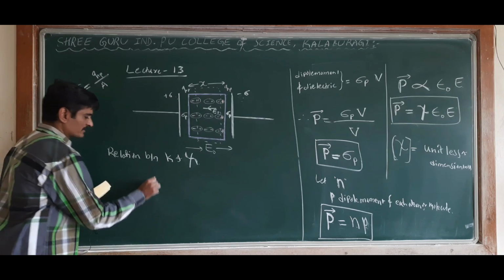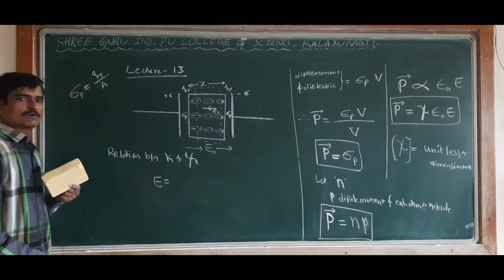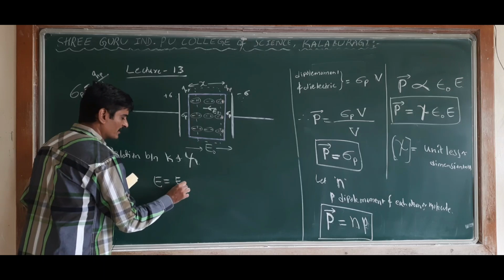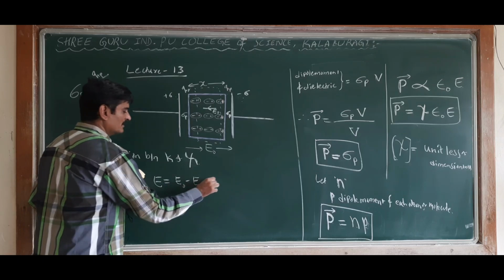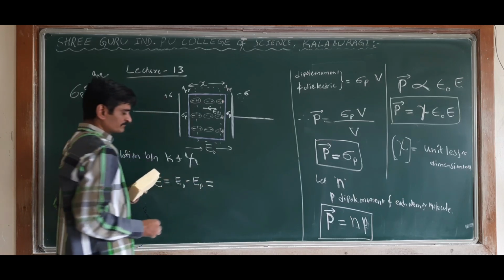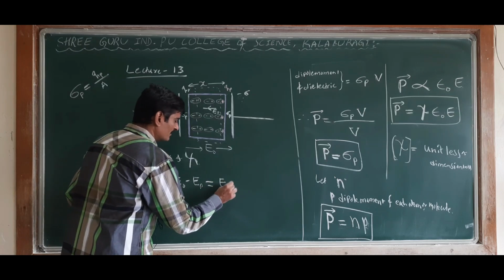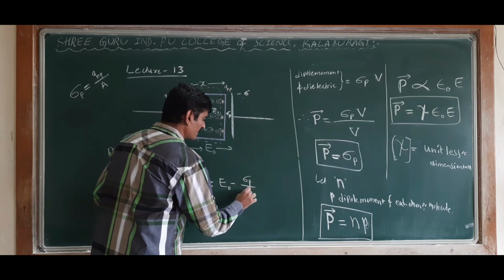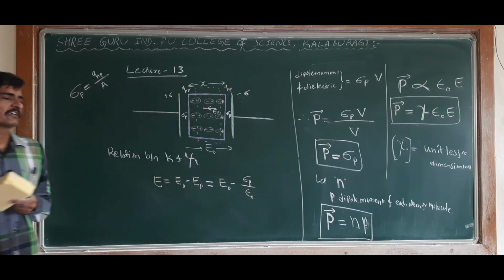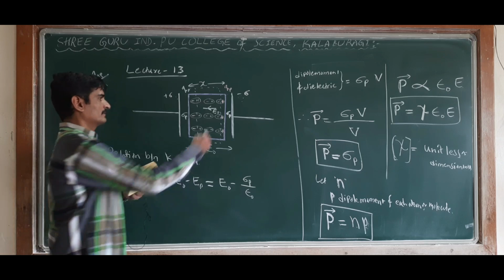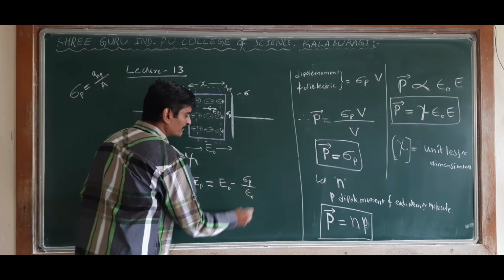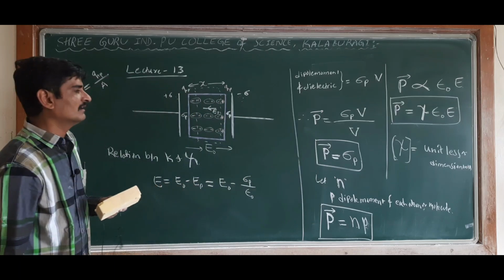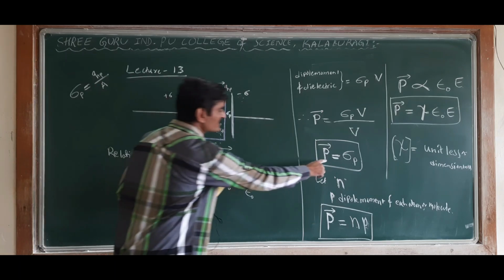We know that the reduced value of the electric field, or the net electric field inside the dielectric, is E equal to E naught minus E P, right? E P is the induced electric field, sigma P divided by epsilon naught, where sigma P is nothing but the polarization of the dielectric.